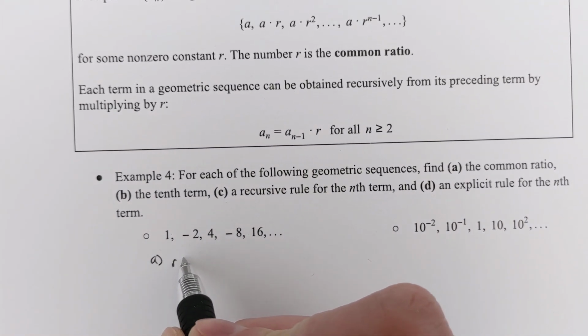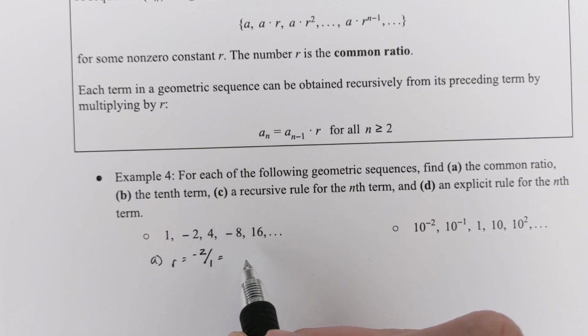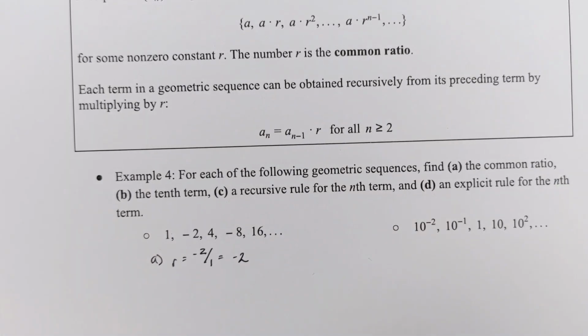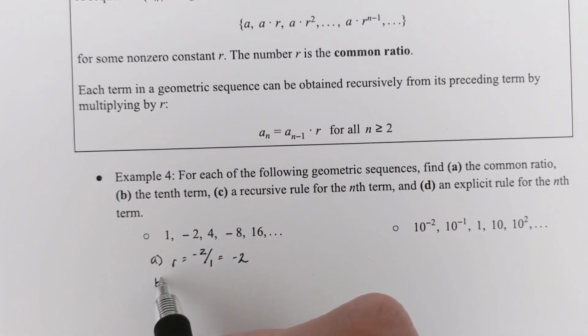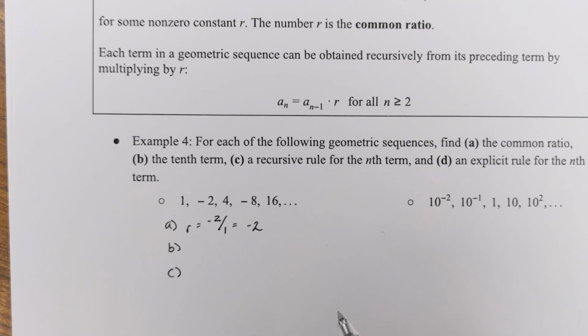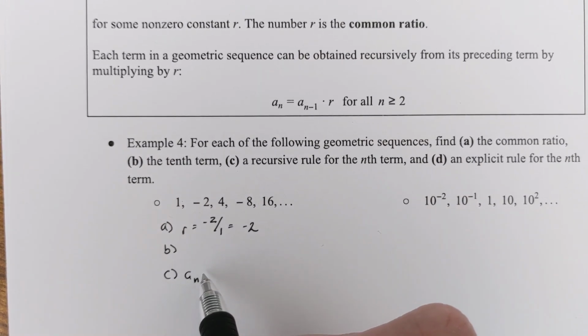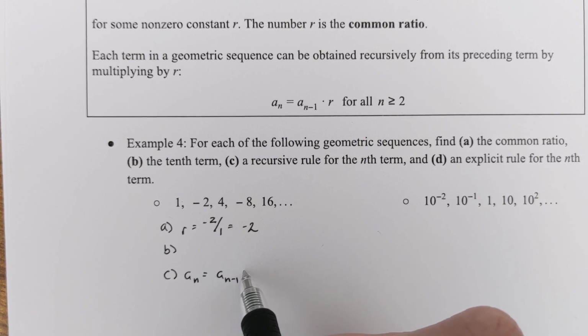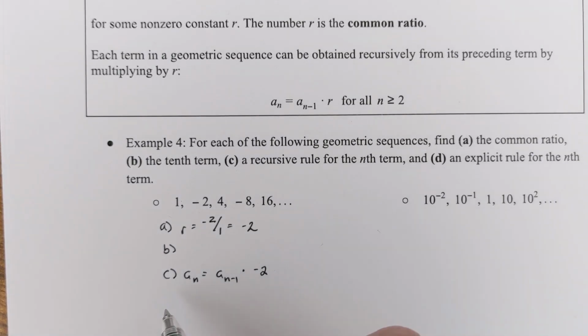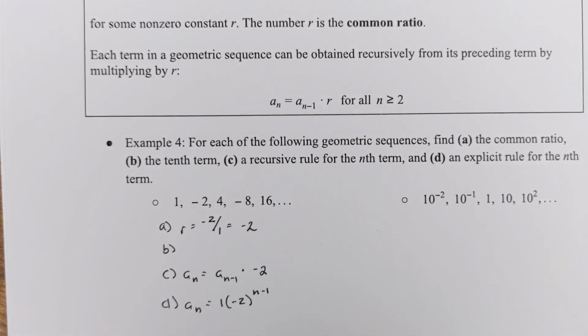So to find r, you take any term and divide it by the previous term. So in this case, it's -2. We'll skip b for now. So for c, the recursive rule, each term is equal to the previous term times -2. The explicit rule is the first term, which in this case is 1, times r, -2, to the n minus 1.